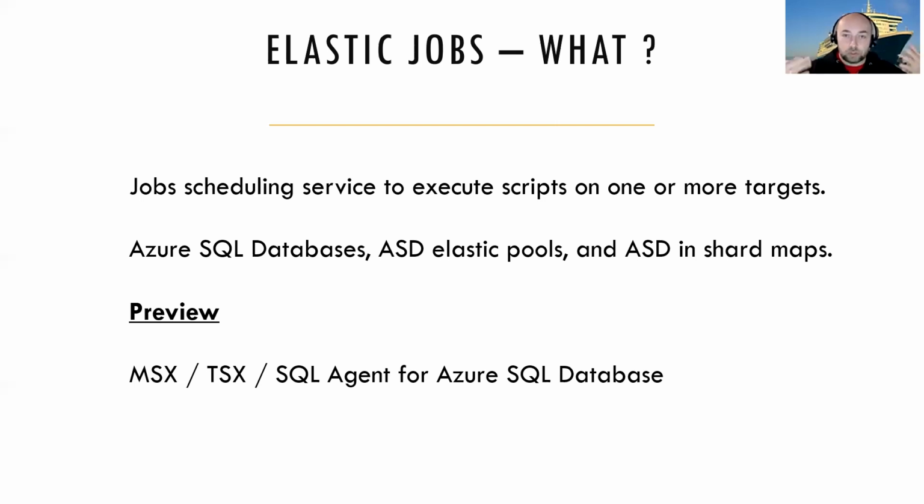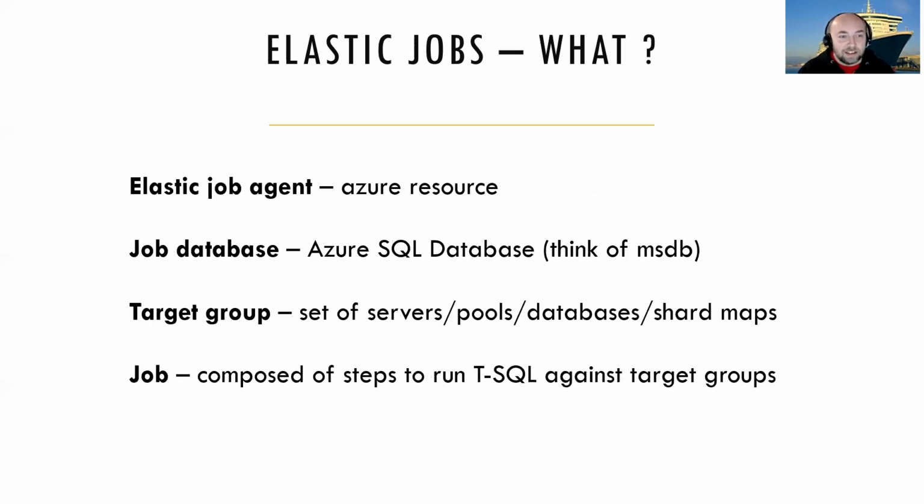So when you configure jobs on the master, you can redirect them to the target servers. And the Elastic Job Agent in Azure SQL Database works like that. And you can also expand that in Azure, where master MSX and TSX are not so flexible comparing to the Elastic jobs. Not so elastic.